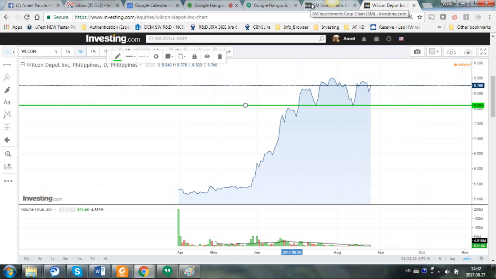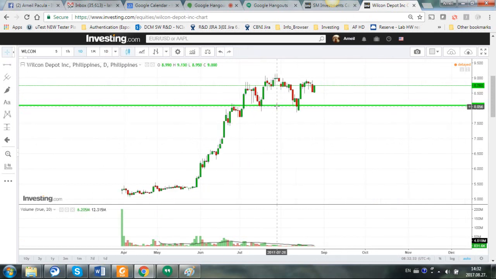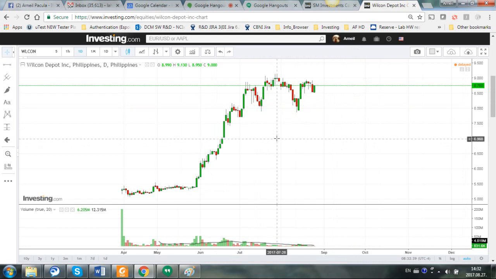Okay, so balik tayo. Since support and resistance tayo ngayon, pwede natin gamitin yung Wilcon Depot na example. So, i-plot natin yung support and resistance for Wilcon Depot. Okay? So, para maklaro to, yung support resistance. Kasi sinabi mo na medyo complicated pa sa'yo yung technical analysis.